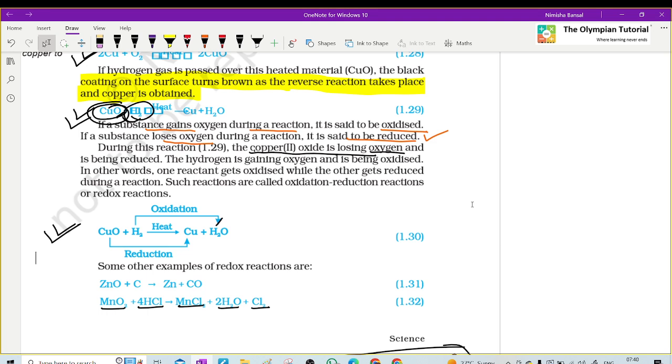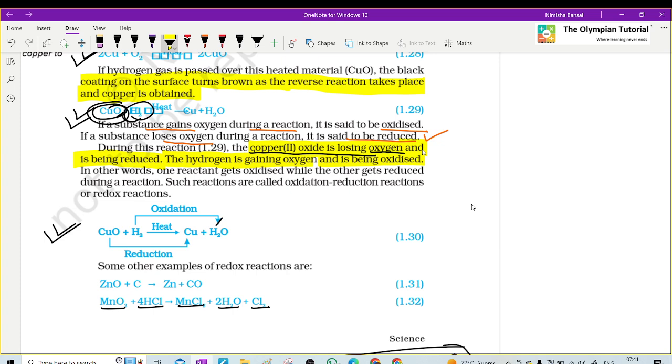After writing this one, below it write down: copper(II) oxide is losing oxygen and is being reduced. The hydrogen is gaining oxygen and is being oxidized.